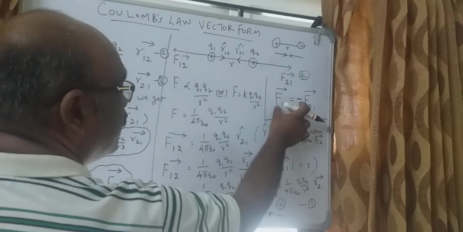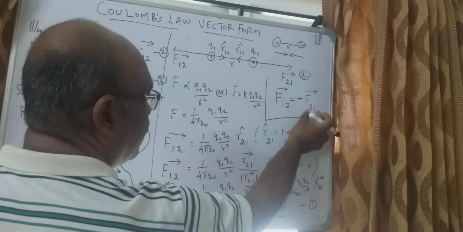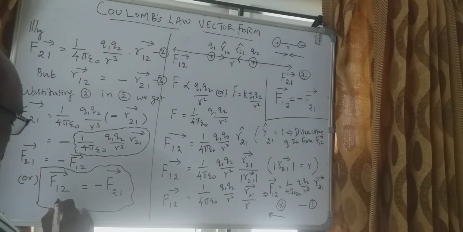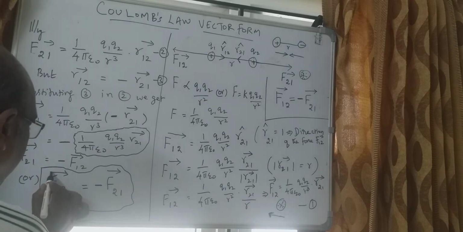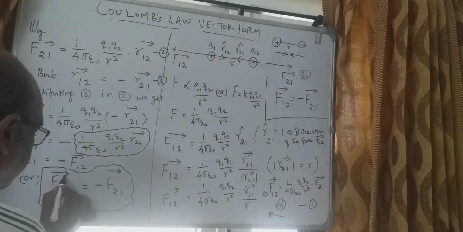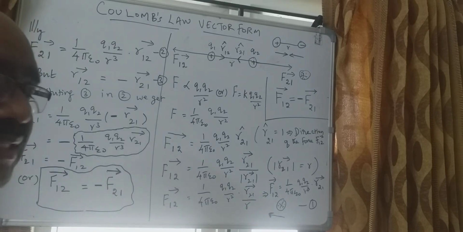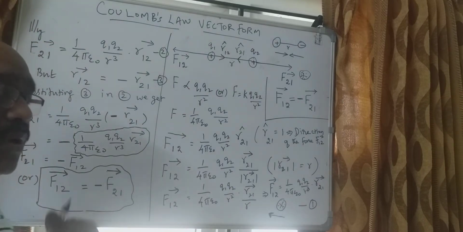So F12 in vector notation is equal to minus of F21 in vector notation. That means these two forces are equal in magnitude, and if I put the vector sign, then I have to specify the direction. Here the directions of the two forces are clear, that they are opposite to each other.